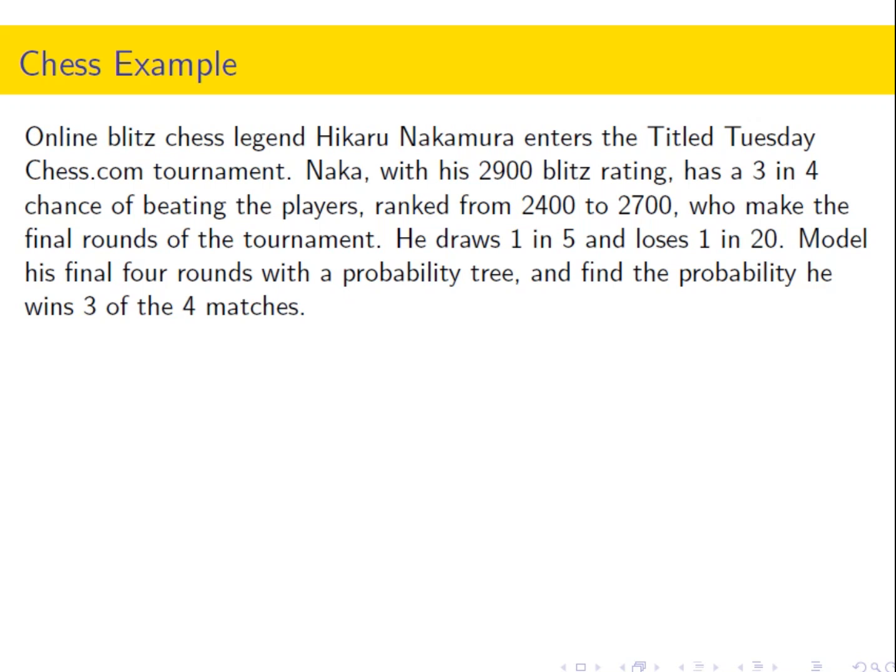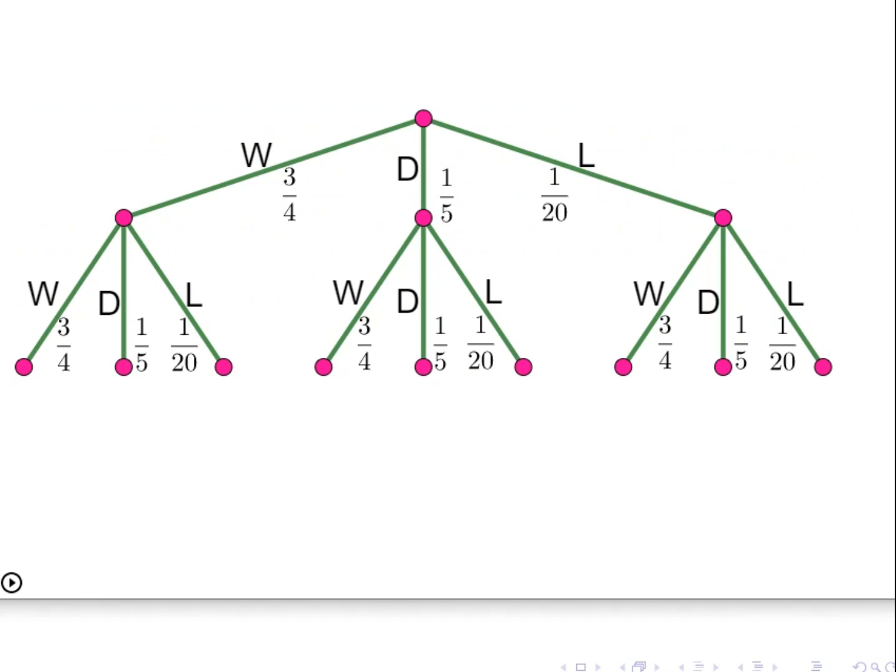But he's got 3 different outcomes, and let's just suppose in the last few rounds of these tournaments he has these probabilities. He's got a 75% chance of a win, a 20% chance of a draw, and a 5% chance of losing outright. So here's the situation with the probability tree.